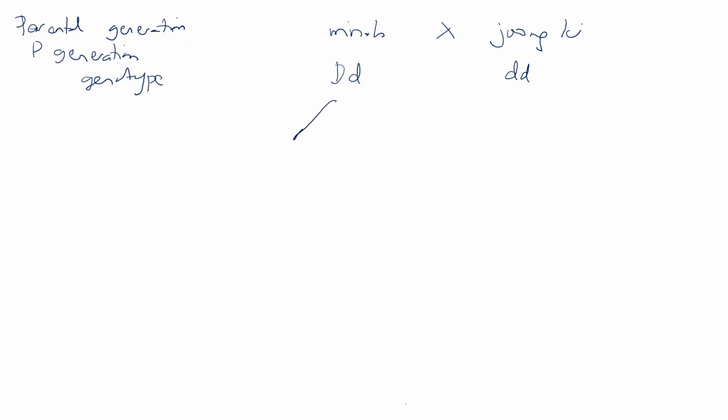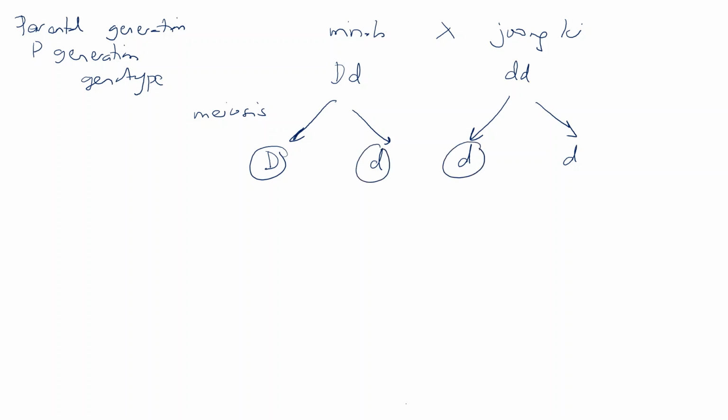Now during meiosis, your chromosome number becomes haploid. The line represents meiosis, so the alleles will separate. Here we have capital D, small d, small d, small d, because the alleles separate during meiosis to produce gametes.